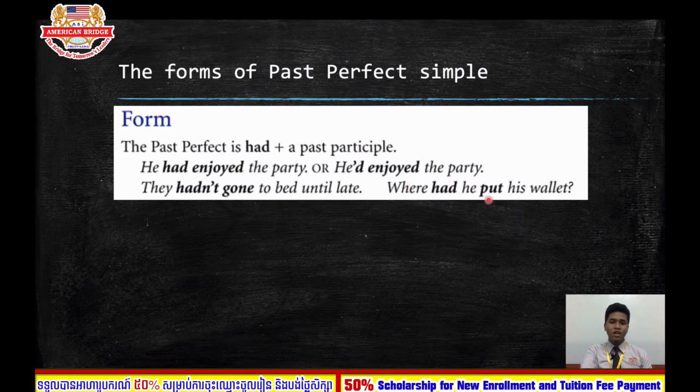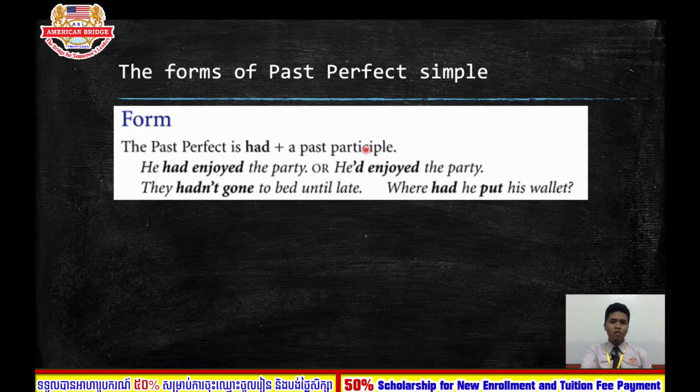So: where had he put his wallet? This is the question form. Again, the main idea of the past perfect form that you need to remember is very simple: had plus a past participle. So this is the form of past perfect simple.